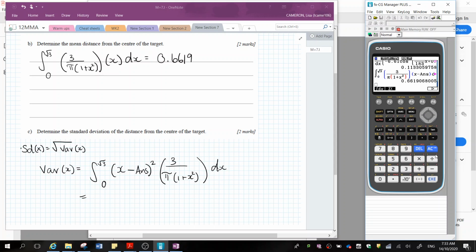I actually don't think this is going to work. We're going to have to re-enter it in again. Otherwise, it's going to steal the answer from above. Okay, so entering it in again.